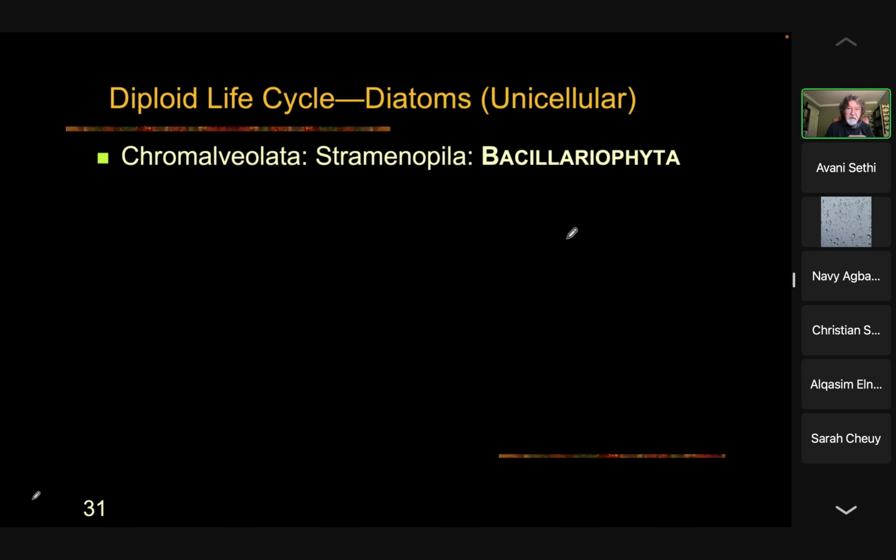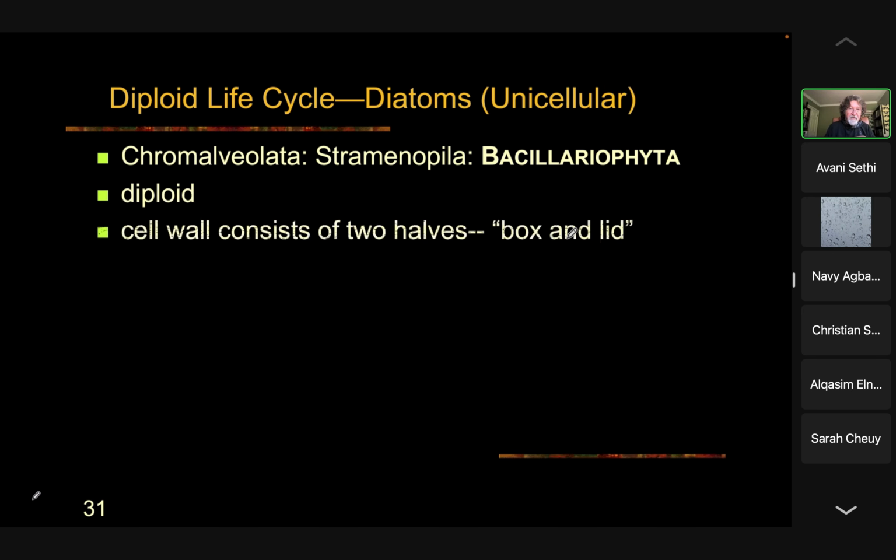That's the lineage. And so they're diploid, of course, and one of the morphological things I talked about as an apomorphy is that their cell walls contain silica. It makes them glassy. Furthermore, that cell wall comes in two halves, where one half fits over the edges of the other one, sort of like a box and a lid. And that's an apomorphy.